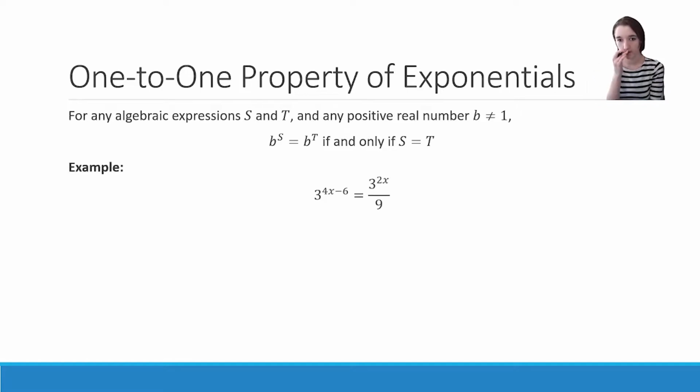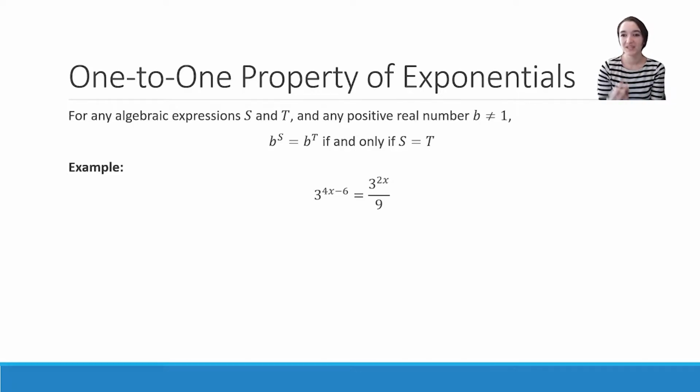So here we have 3 to the 4x minus 6 is equal to 3 to the 2x over 9, and our goal is to solve for x. Right now, we do have a 3 and a 3, but this 9 throws a wrench into it. So what can we do to get that same base?